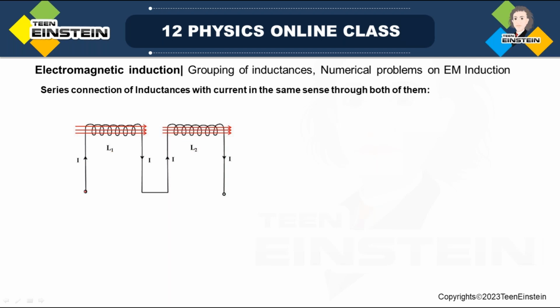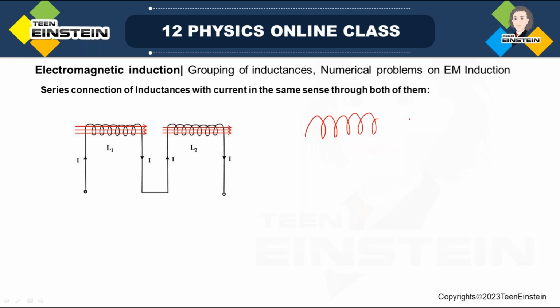As you see here, the current is flowing, and we are assuming that the inductor coils are wound in the same sense. We are taking by default as an assumption that both coils are wound in the same orientation.